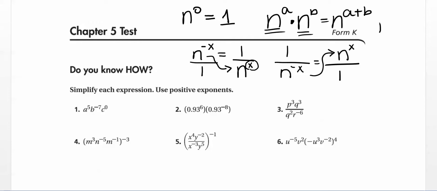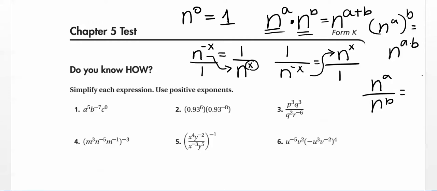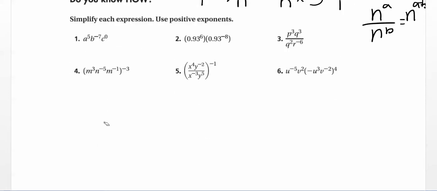If you have a power to a power, you would multiply, so a times b. If you have division going on, you could subtract, so it would be a minus b. There are a couple of other rules, but okay, let's go ahead and take a look at number 1.